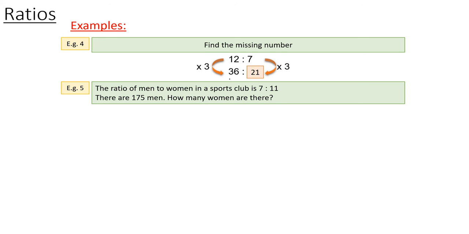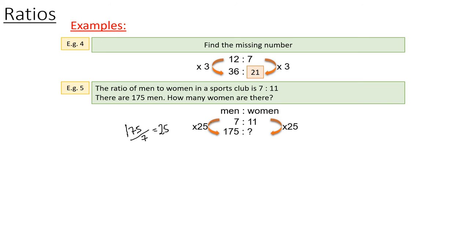Example 5, the ratio of men to women in a sports club is 7 to 11. There are 175 men. How many of these are women? If we know that men to women is 7 to 11, and we need to get to 175, we have to find 7 times what gives me 175. On our calculators, we do 175 divided by 7, and we should hopefully end up with an answer of 25.